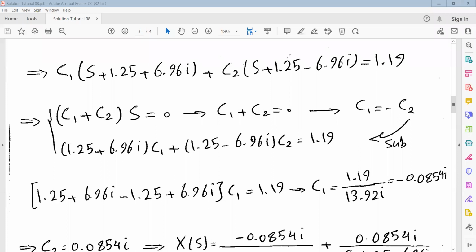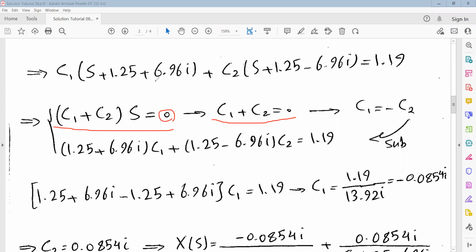As you can see, in the left hand side, we have C1 multiplied by s plus C2 multiplied by s. This is the first equation, and it must be equal to 0 because in the right hand side we don't have any s, so the coefficient of s must be equal to 0. It means that C1 plus C2 must be equal to 0, and we can conclude that C1 is equal to minus C2.